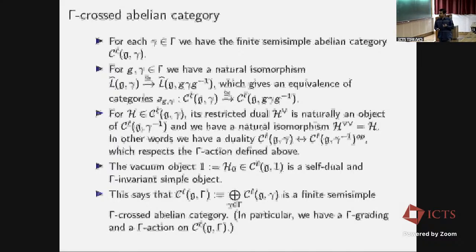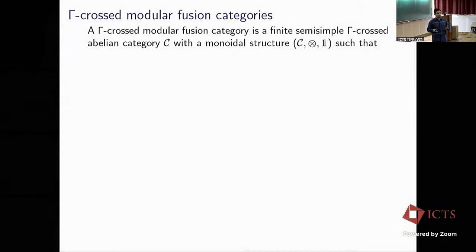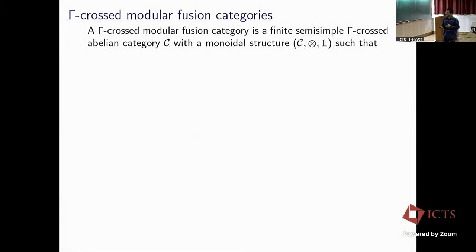So next I want to talk about the gamma crossed modular category. So a gamma crossed modular category is a certain additional structure on a gamma crossed abelian category. And so first of all, you should have a gamma crossed abelian category, which means C has a grading by gamma. And moreover, there should be a monoidal structure.